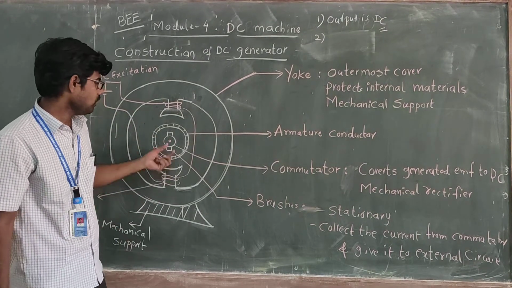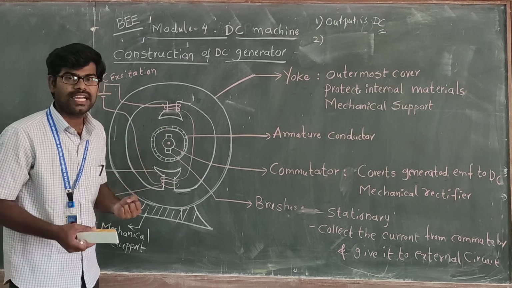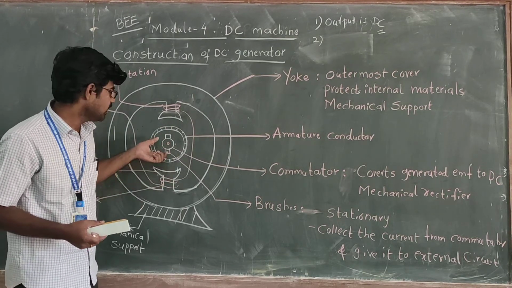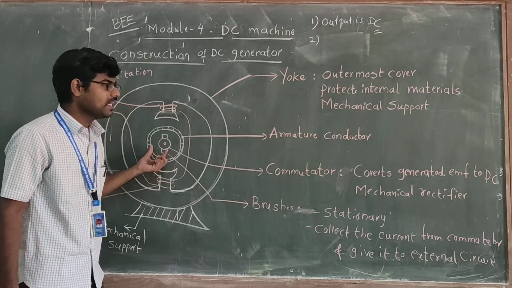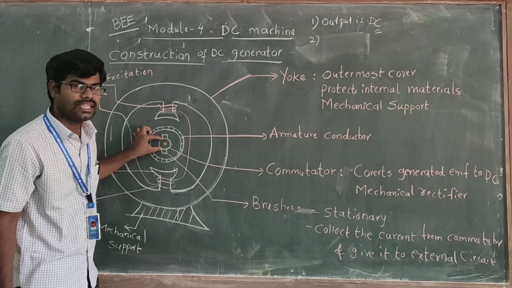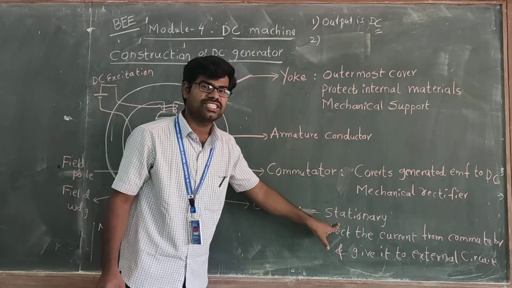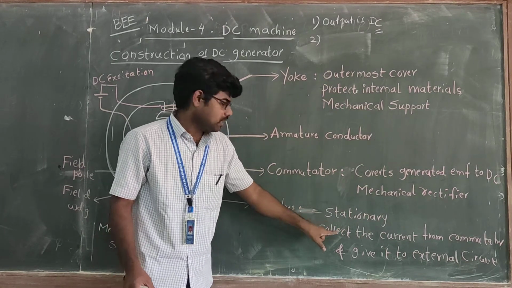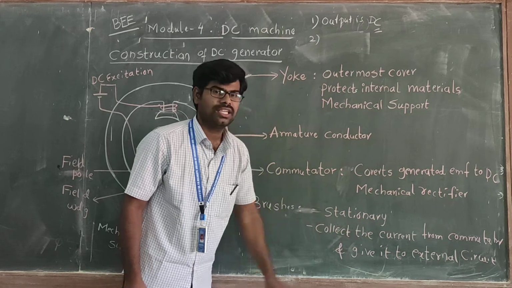Now, who collects the converted energy? The brushes. The brushes collect the current. They are stationary in nature, collect the current from the commutator and give it to the external circuit.